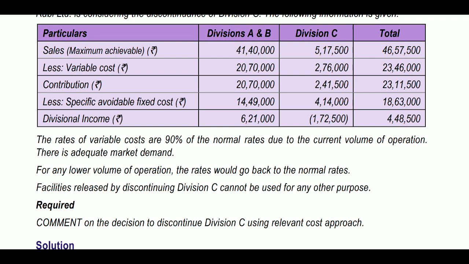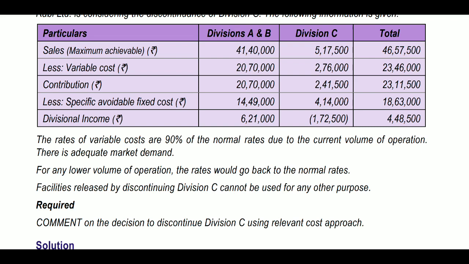Then variable cost will increase if you close division C. If you close division C, the 10% will be increased. That is, now the variable cost will be 20,70,000 divided by 90% into 10%, so it will give one amount, which will increase due to this division C closure.